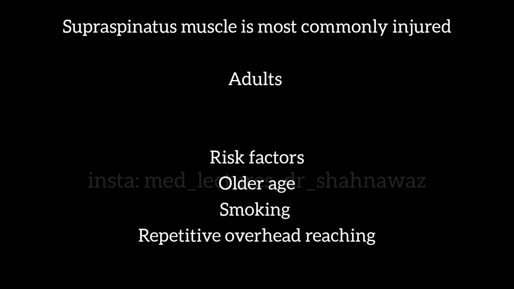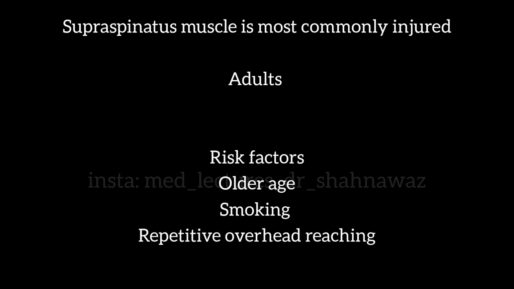Here I will briefly explain the epidemiology of rotator cuff injuries. The most commonly injured muscle is the supraspinatus muscle, and it occurs most commonly in adults.